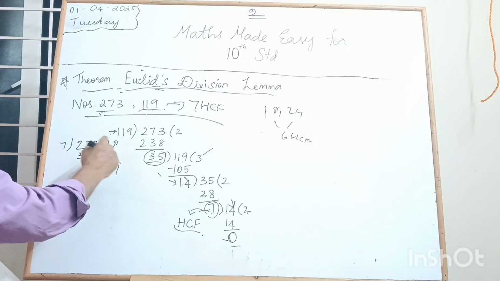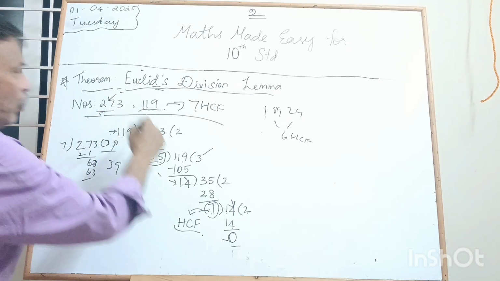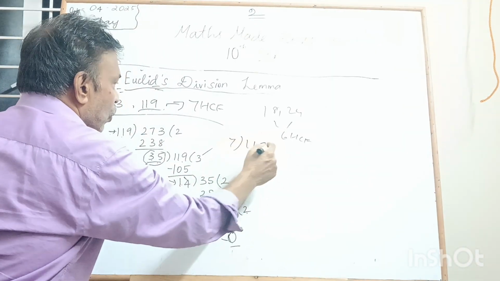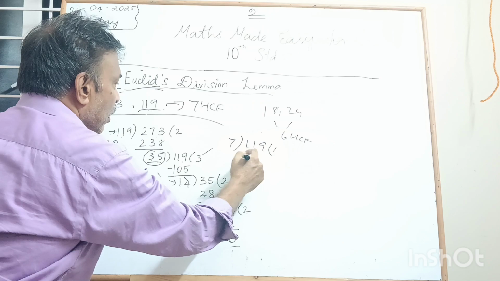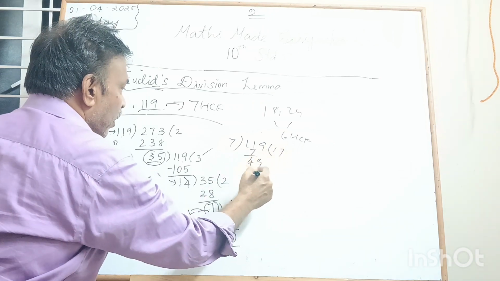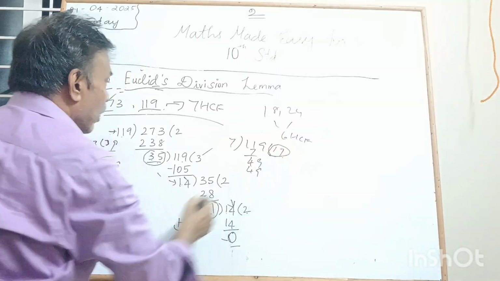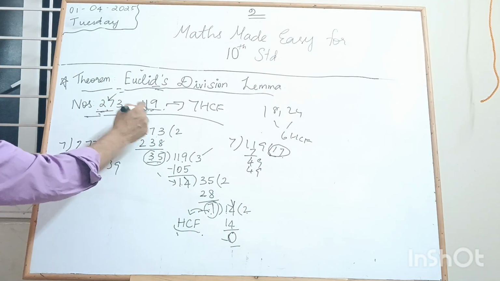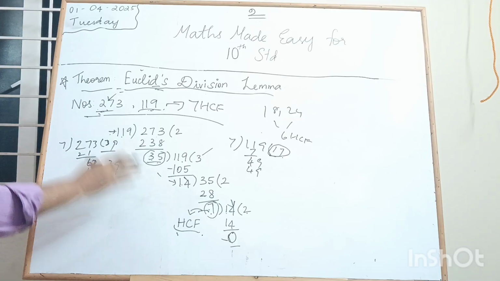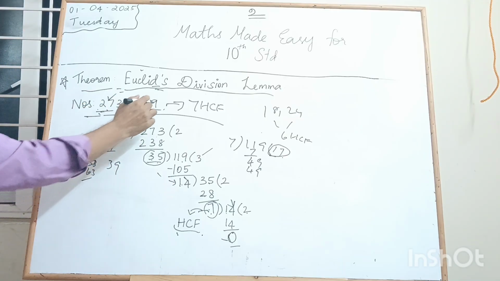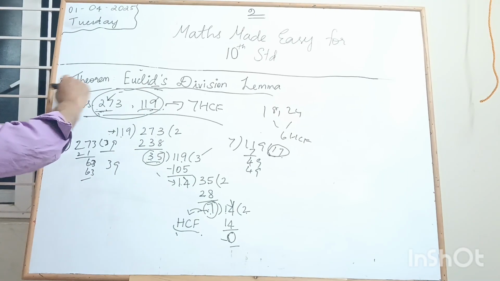Now you divide 119 by 7. 7 into 7 is 49, again 17 is the answer. So this number 7 divides both numbers. This is another way of finding the HCF of these two numbers using this theorem.